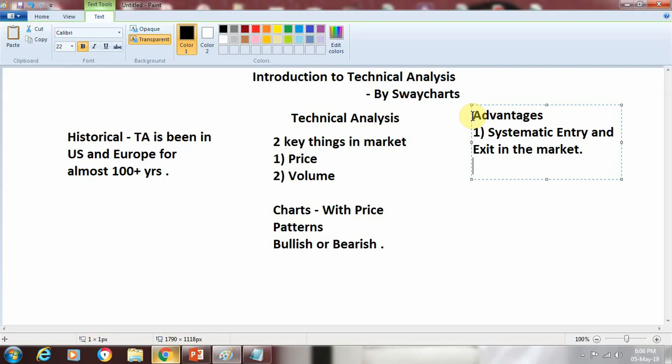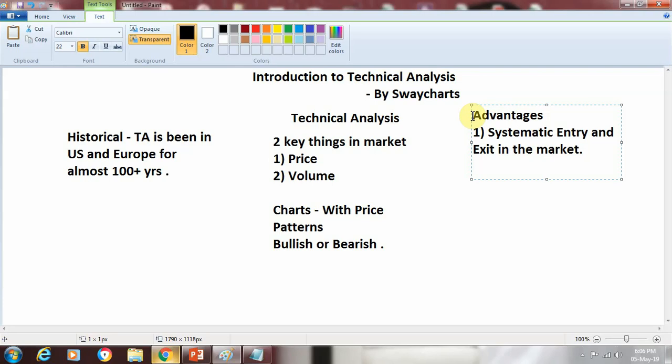Why does this scenario happen? Because we have not seen the chart before entering into the market or before exiting from the market, and the point where we had bought can be where there is a bearish pattern formation in the chart, and that is the reason why once we buy, it starts falling, and it can be vice versa, right?